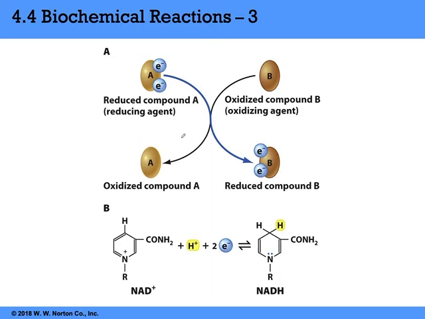And then we send those electrons that we steal from that reduced compound, usually to a carrier, right? That is a molecule that holds those electrons temporarily, and then eventually we take the energy from those electrons and use that to make ATP, okay, in a process known as metabolism.